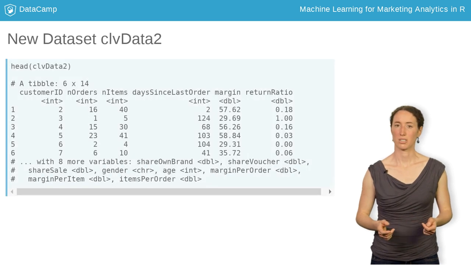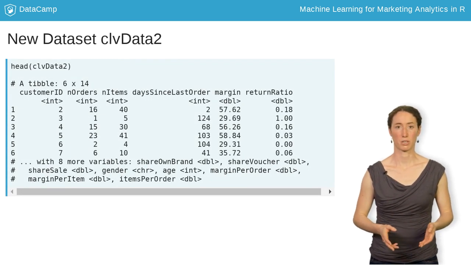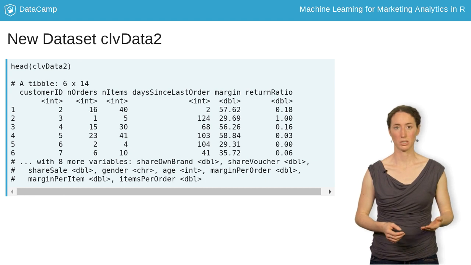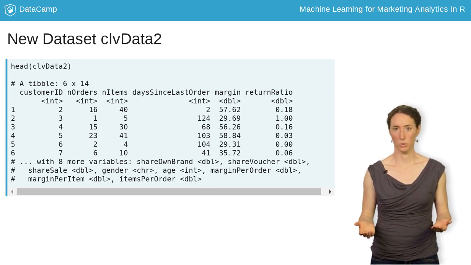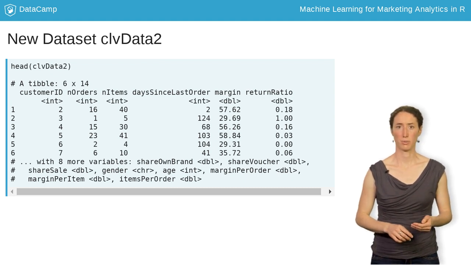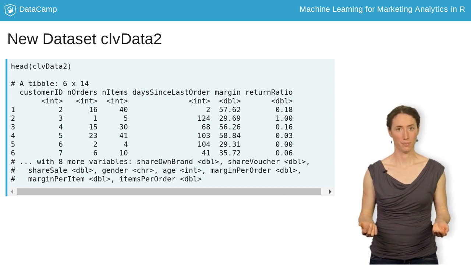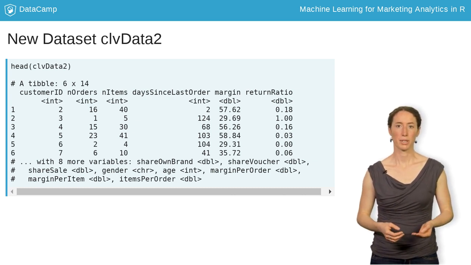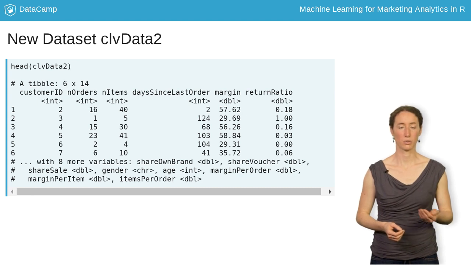Let's turn to prediction. So far, I have used explanatory variables in year 1 in order to explain variation in the margin of year 2. Now I will use explanatory variables in year 2 in order to predict the margin of year 3. Therefore, I will make use of the new dataset clvData2.